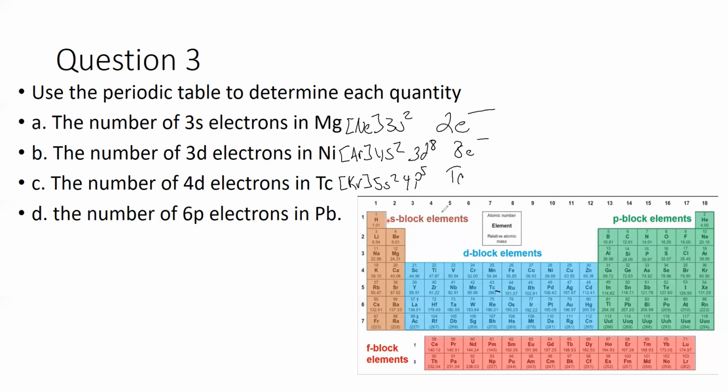So that's Tc. Lead, 6p. It is the second element in 6p, so this would be 6p2, which is 2 electrons. All right. Any questions about what is being asked here?